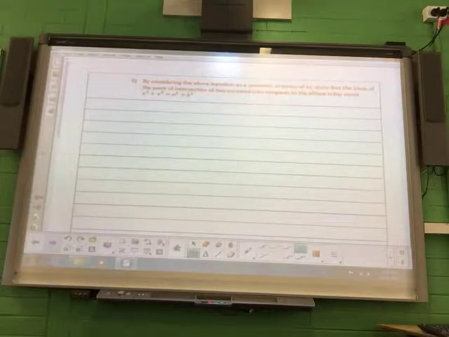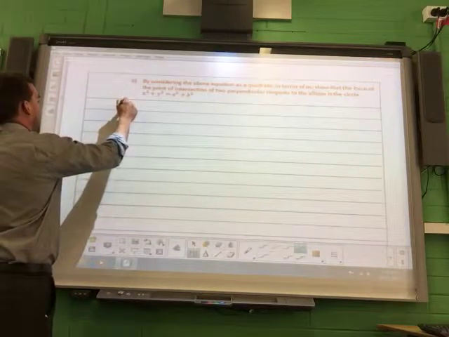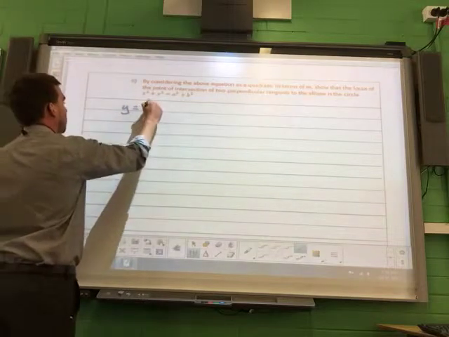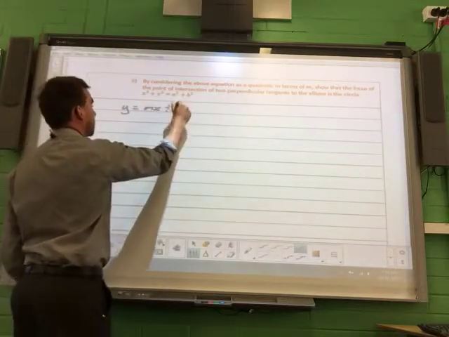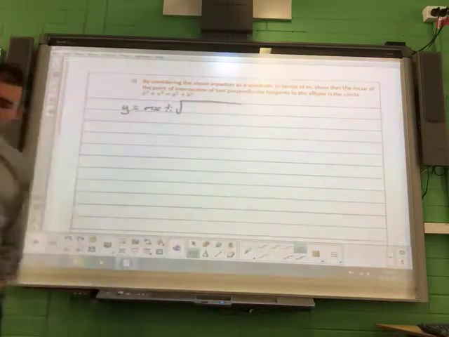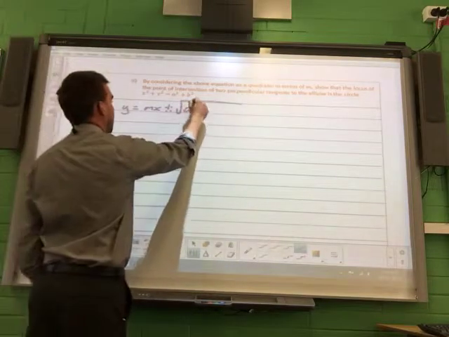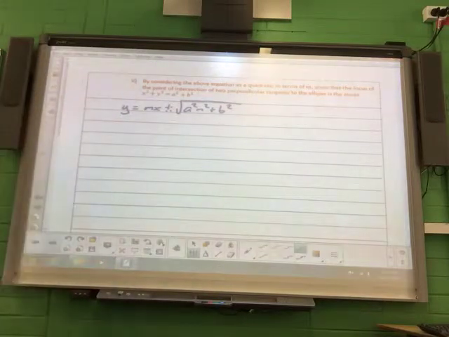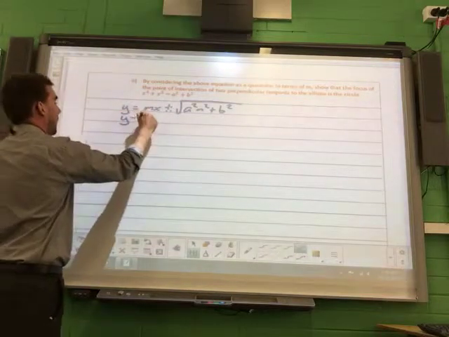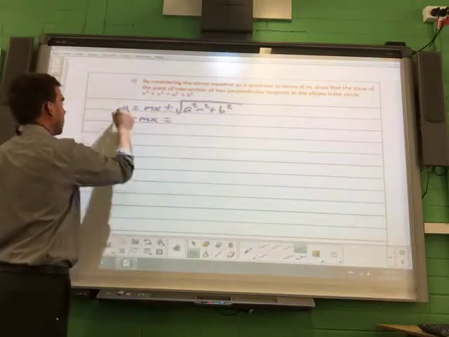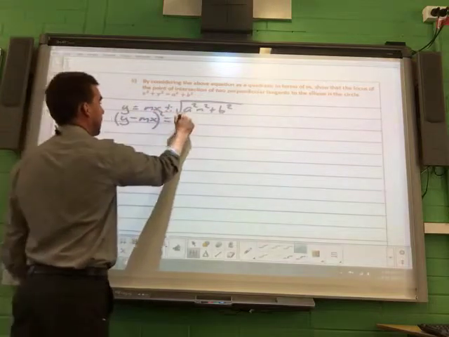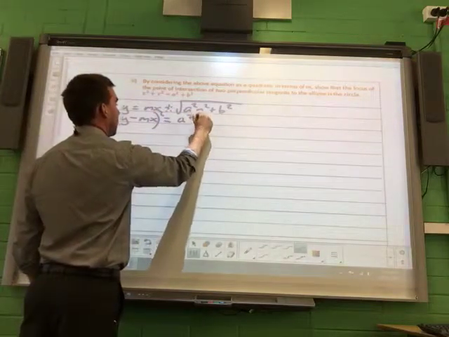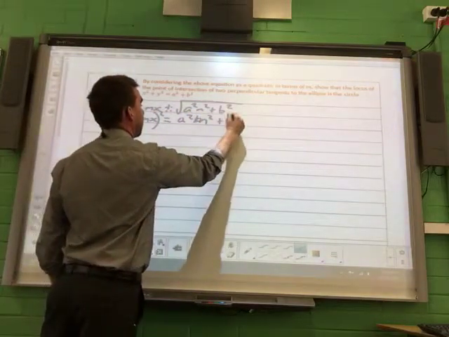From the previous page, we've got y equals mx plus or minus the square root of a squared m squared plus b squared. So y take away mx, all squared, equals a squared m squared plus b squared.